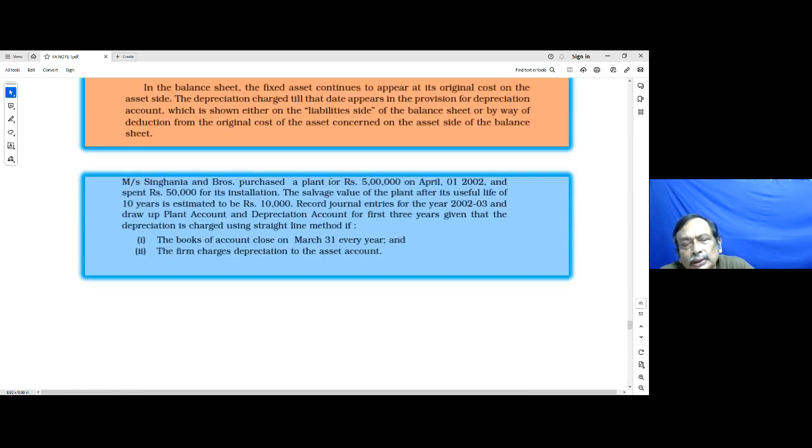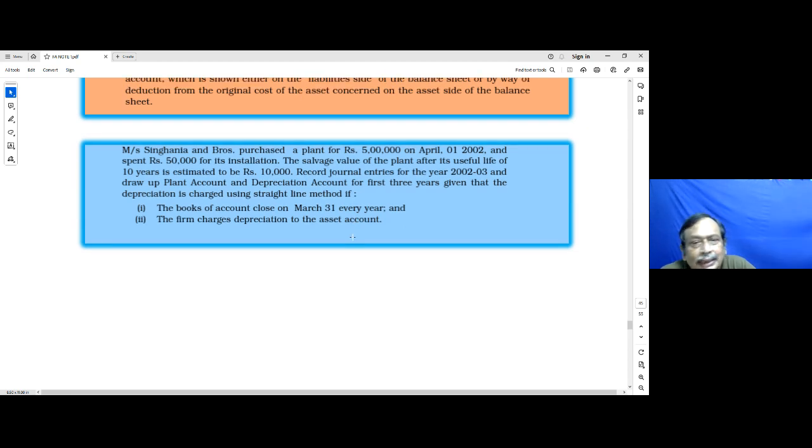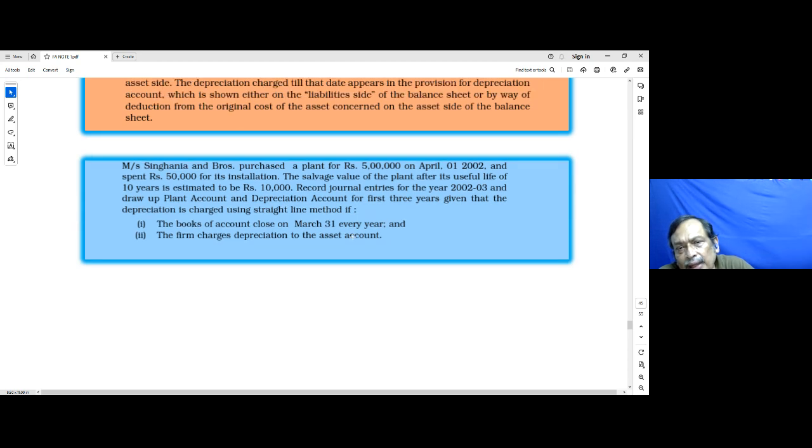So look into the problem. 5,00,000 is the cost of the plant. 50,000 is the installation charges. It comes to 5,50,000. Then 10,000 is the scrap value, salvage value.